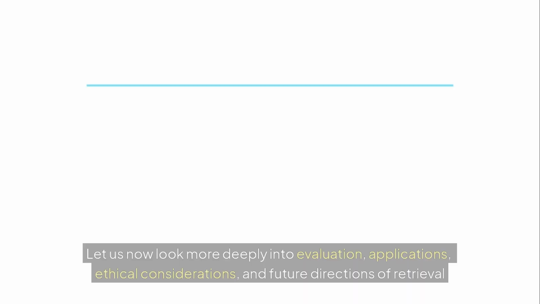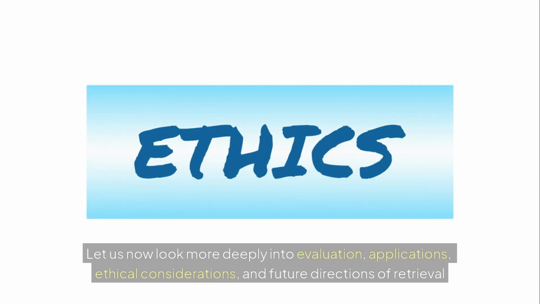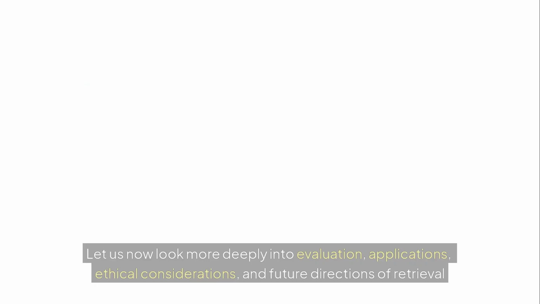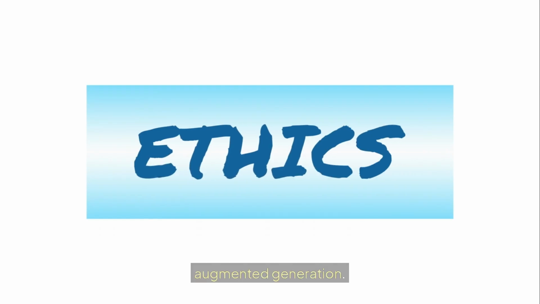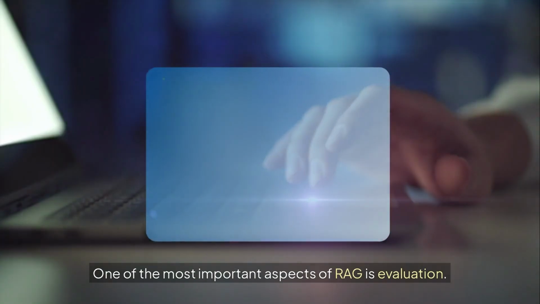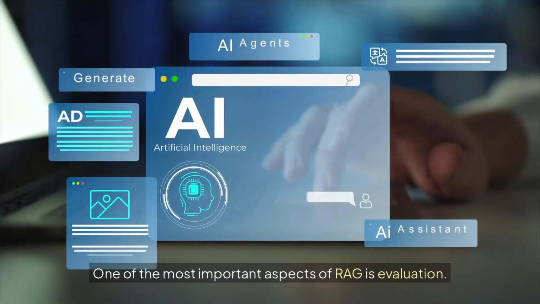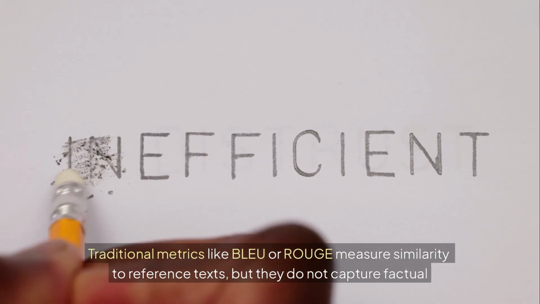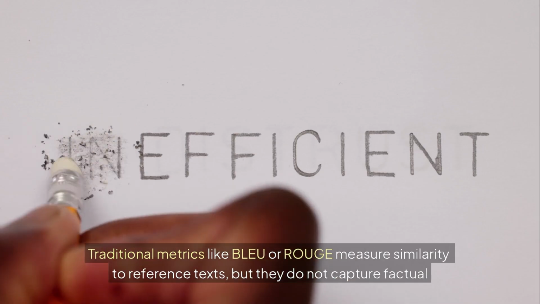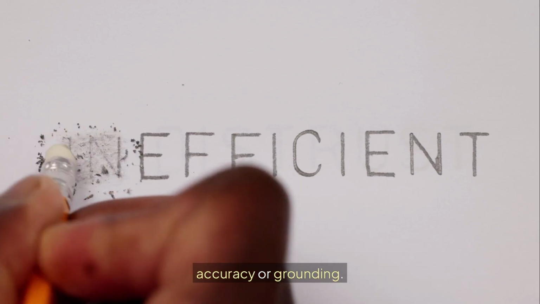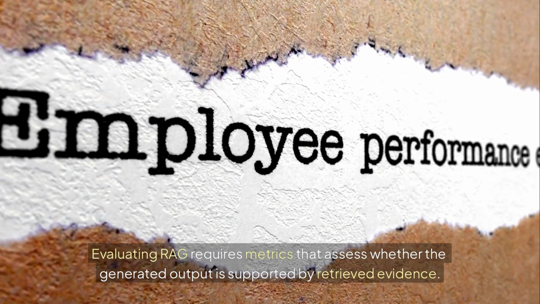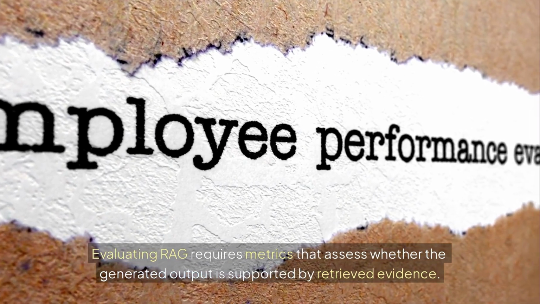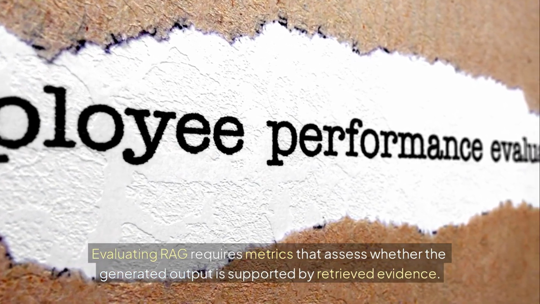Let us now look more deeply into evaluation, applications, ethical considerations, and future directions of retrieval augmented generation. One of the most important aspects of RAG is evaluation. Traditional metrics like BLEU or Rouge measure similarity to reference texts, but they do not capture factual accuracy or grounding. Evaluating RAG requires metrics that assess whether the generated output is supported by retrieved evidence.